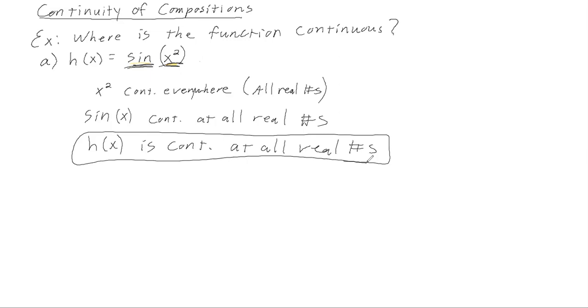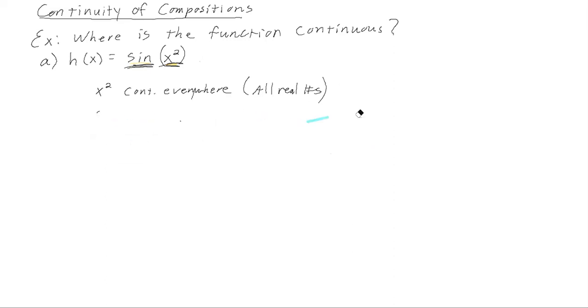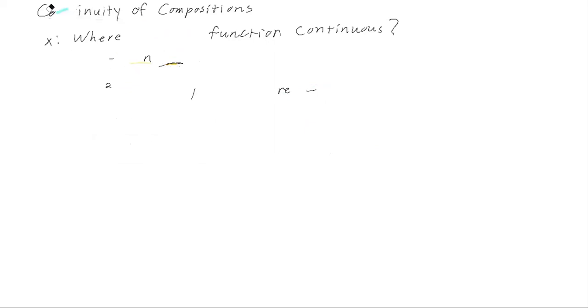All right, so I'm going to erase this stuff, and I want to look at part B. I'm just going to need more room so I don't crunch everything up, kind of like I did on that last video. Let's see, part B, same directions. Let me get rid of all this so I have plenty of room to work with. So same directions: find where the function is continuous.